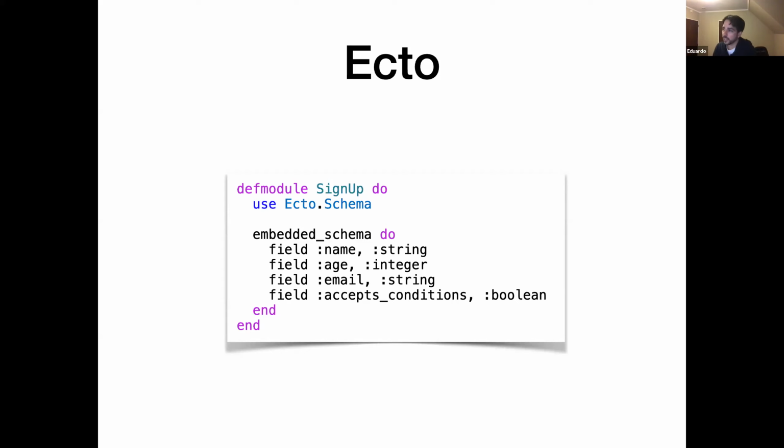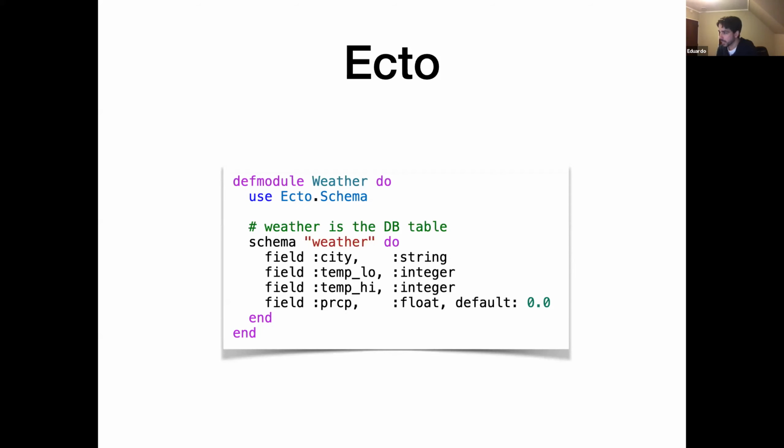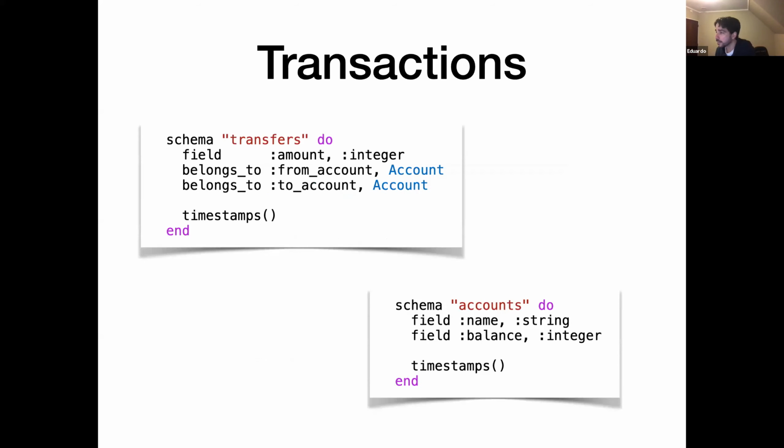It also helps when we actually need to do queries and inserts, and it knows how to map them to the database. So here's a classic example of a weather table where you can declare, hey, I have a weather table, here are my fields, and there's actually a default value here somewhere.